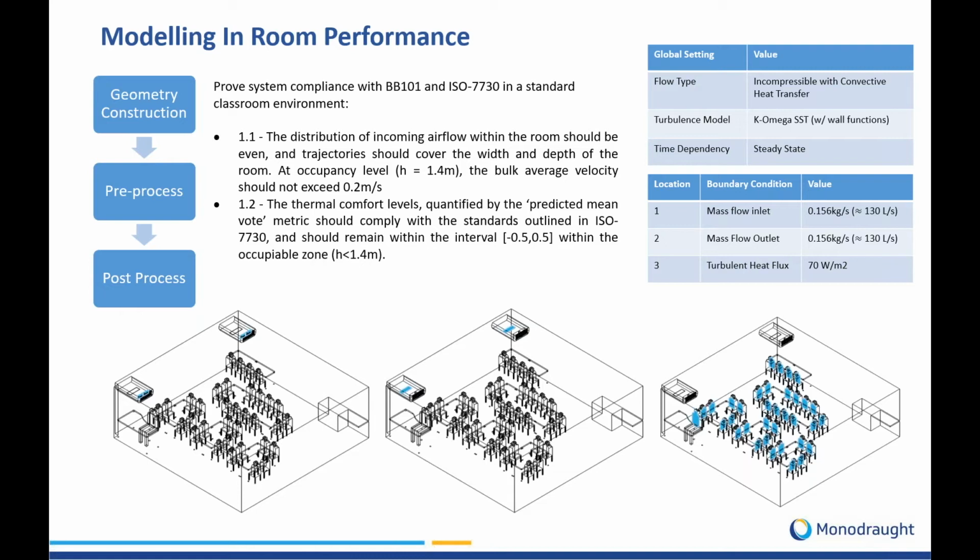In order to get the best possible and most accurate results, we actually modeled the individual occupants within there and wanted to see how each of those occupants were giving off heat and how that interacted with the moving air around it.